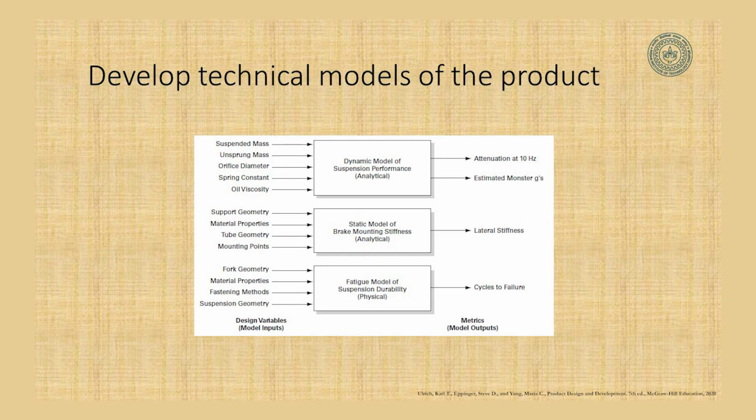So, these are your metrics, they are dependent on these design variables which you have some control over as the designer. These design variables are inputs to these blocks, which is the actual dynamic model or the static model or the fatigue model of the product that you are creating, and based on the design variables which you are tweaking, you can get different values for the metrics.